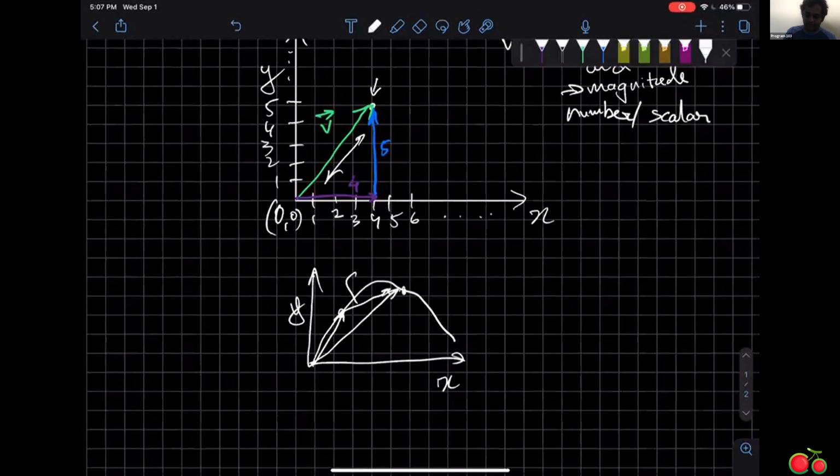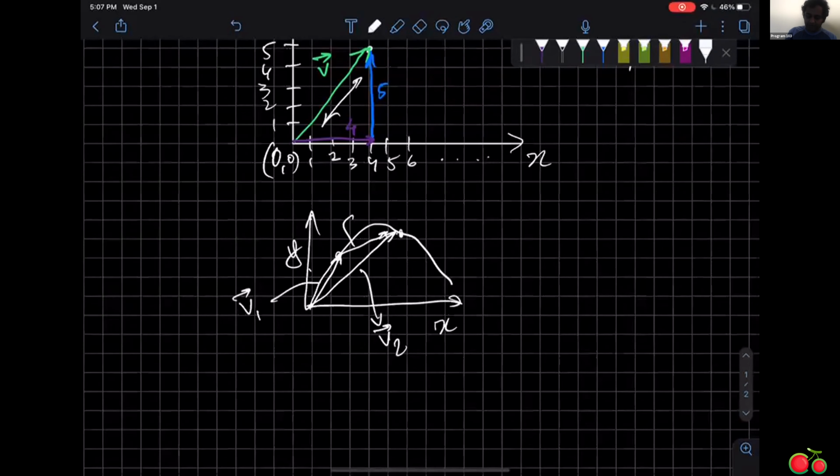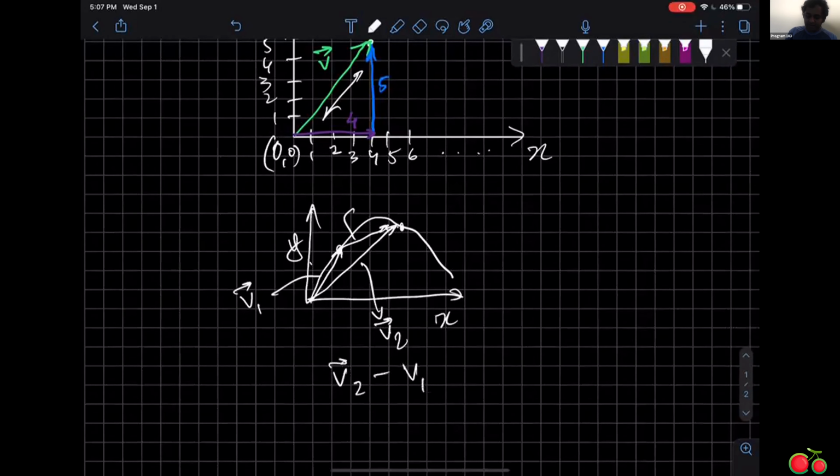If this vector here is v1, and this vector here is v2, what I would do is v2 minus v1, and that is the difference. This is how much I've traveled from the point defined by v1 to the point defined by v2. So that is the distance that I've traveled, and it also gives you the direction that you've traveled, starting from one point to another. So that's sort of the notion of a vector.